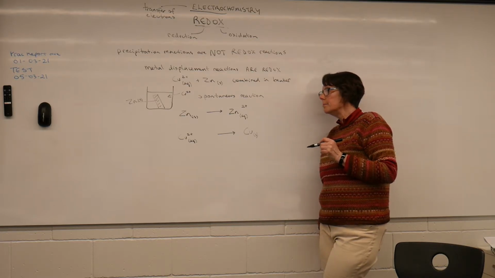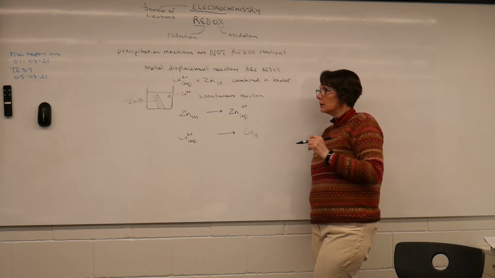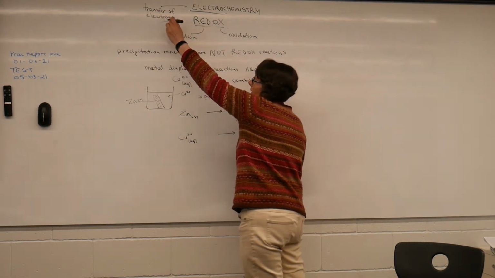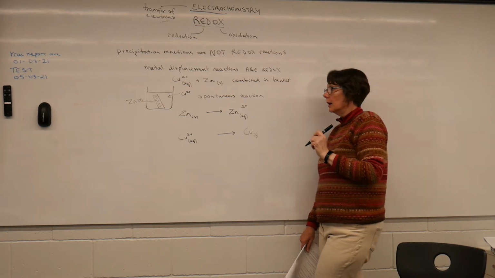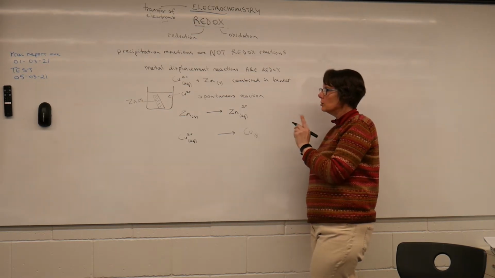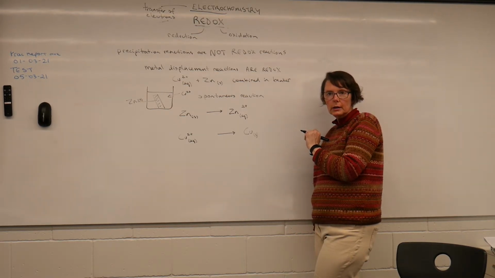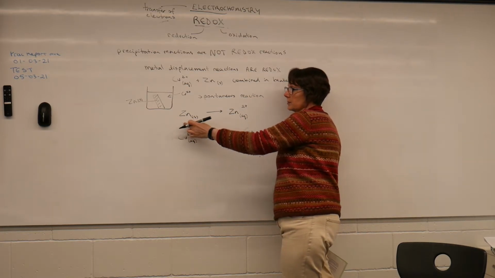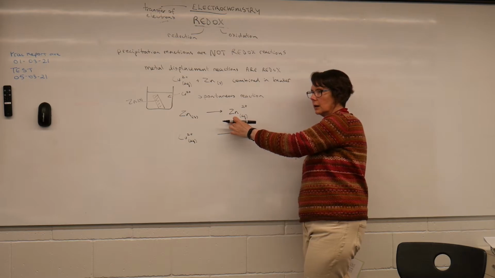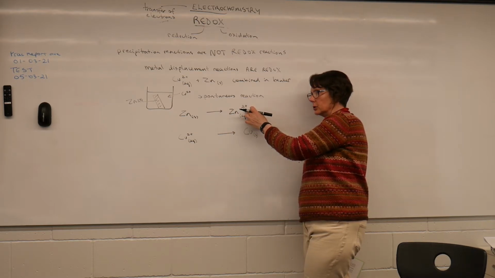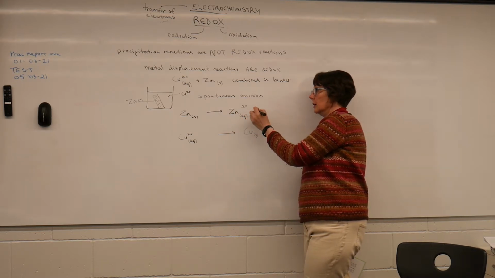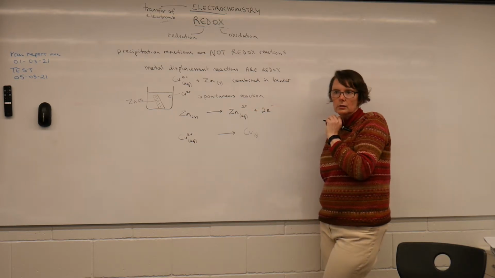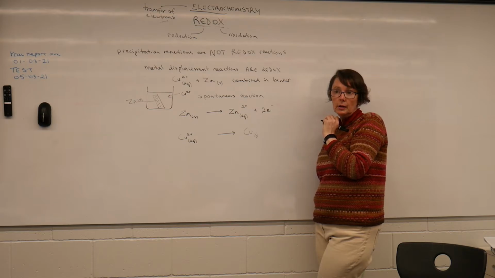And what I'm missing at the moment are these electrons. And what I can do is include them in the equation. So if I have some zinc metal forming zinc ions that have a 2+ charge, then I'm also releasing 2 electrons at the same time.